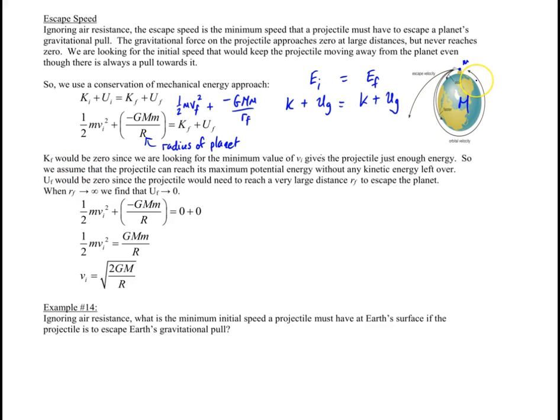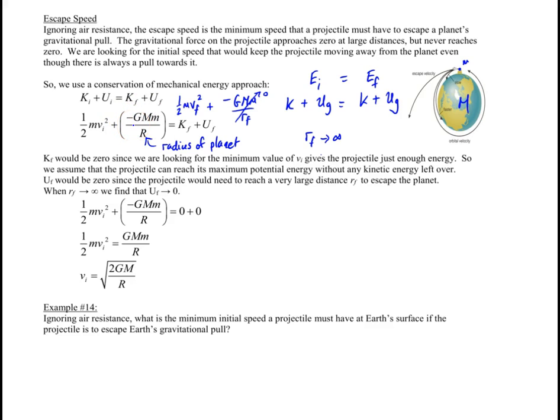Now, if you are technically looking for the point where it would never, ever come back, that would be essentially r reaching infinity. And if r approaches infinity, then this whole term will go to 0. That's going to occur when all of that kinetic energy has overcome the negative gravitational energy.